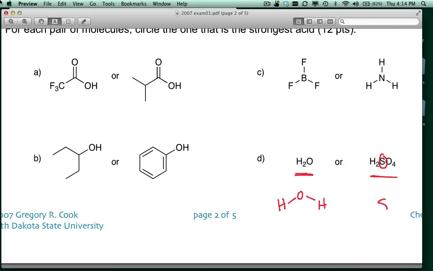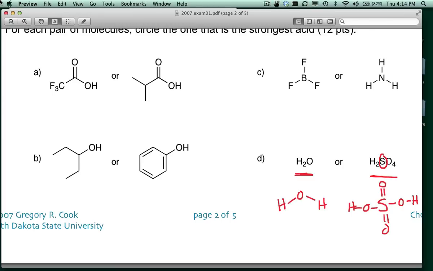So the sulfuric acid, we can draw like that. Okay? That's sulfate. That's 5 bonds. Sorry, sulfur has 6 bonds here. Yep.